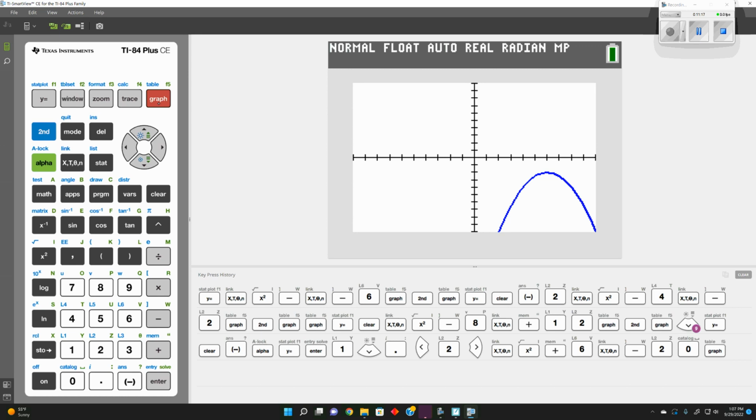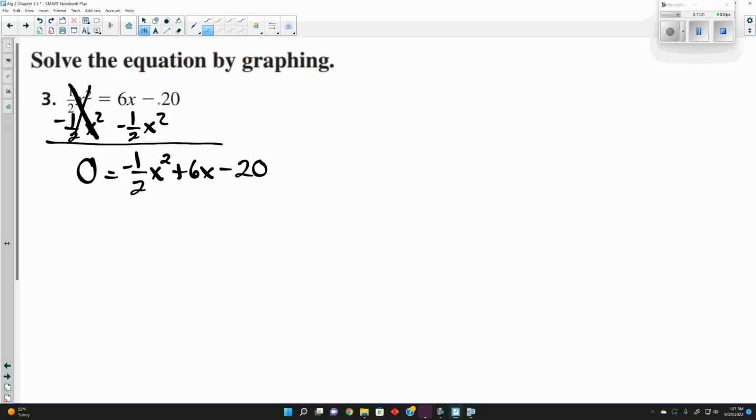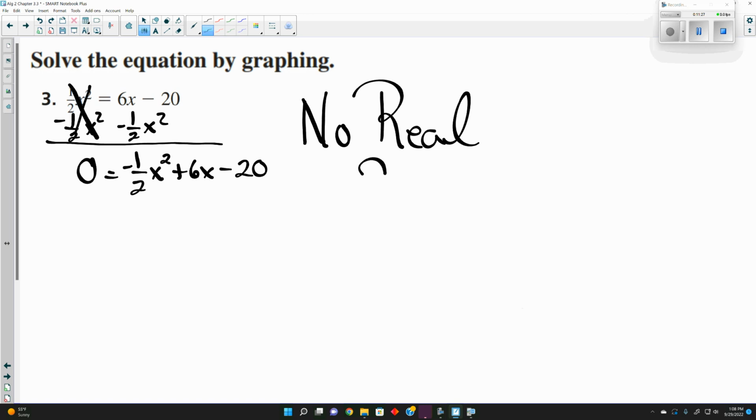But that's fine. It just tells us that this has no real solutions. Because again, as I said earlier, every quadratic has 2 solutions.